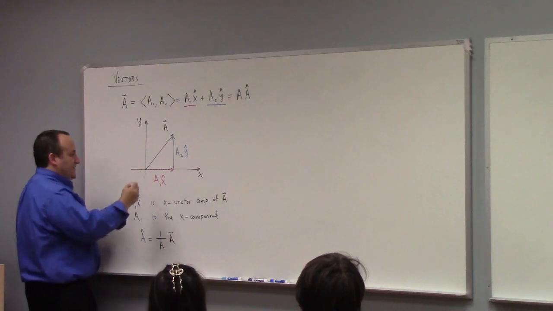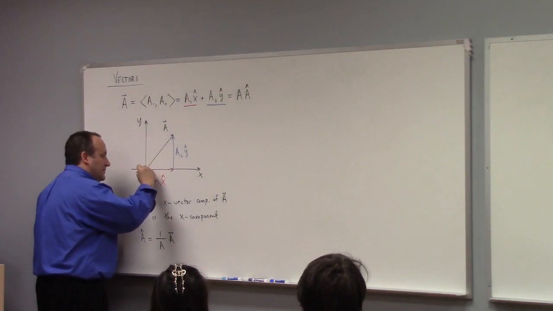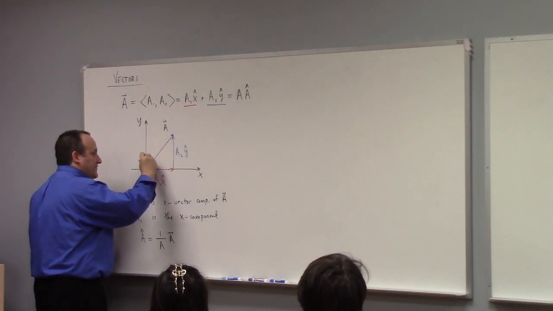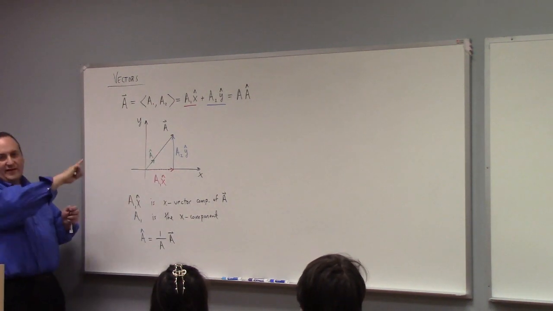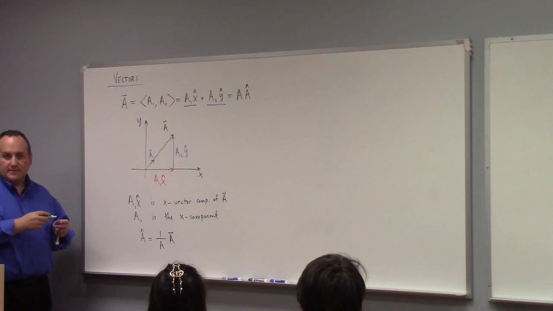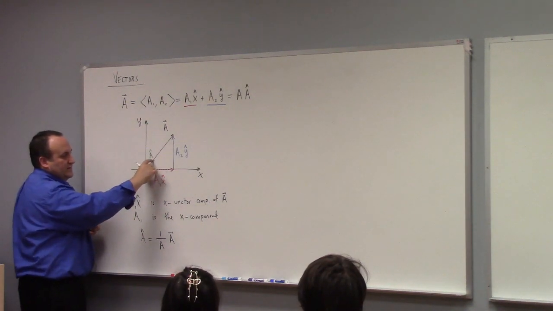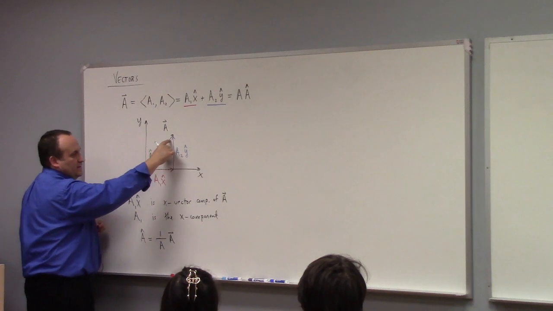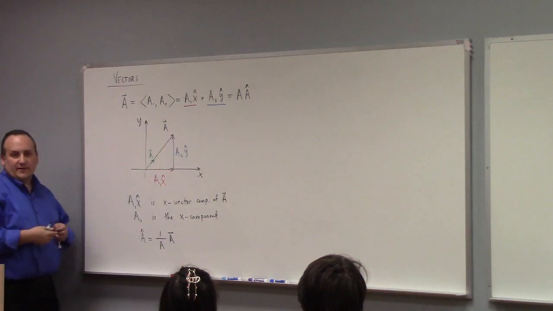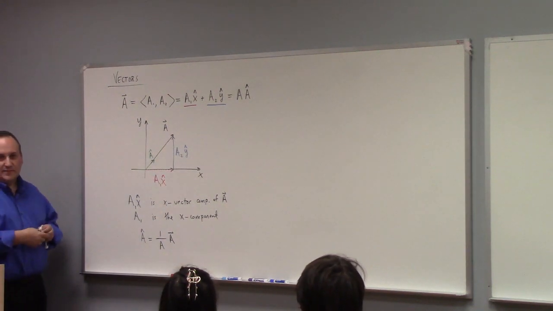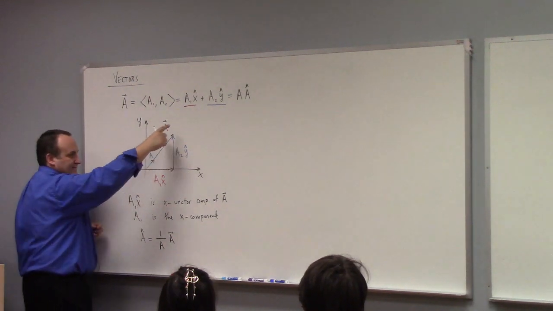The picture would look something like this. Maybe this would be A hat. A hat is a vector of length 1 that points in the direction of A. All right? So in my picture, what's the magnitude of A in this case? About 3.4, by my guesstimates there.